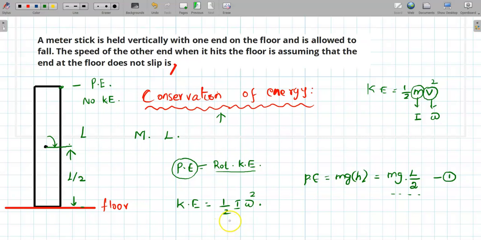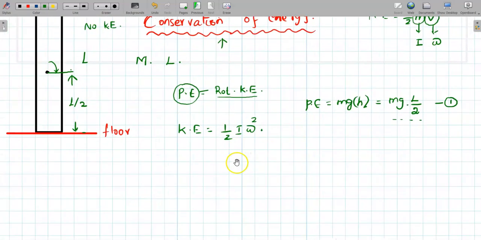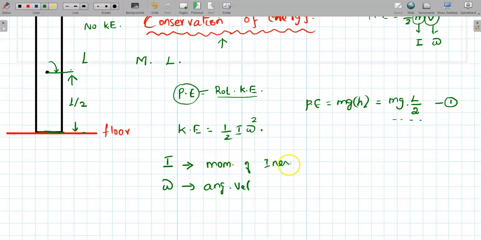Here I is the moment of inertia of the stick about the pivot point, the ground point, and omega is the angular velocity.